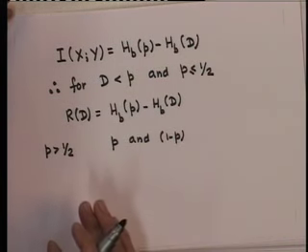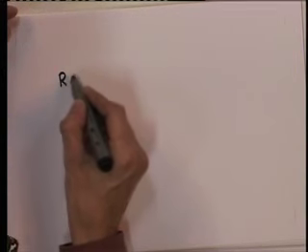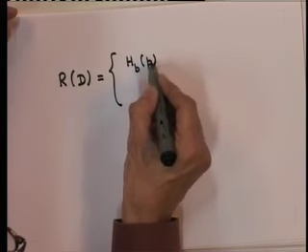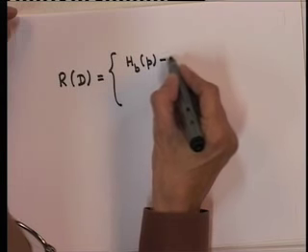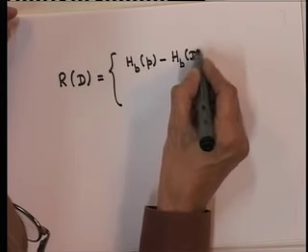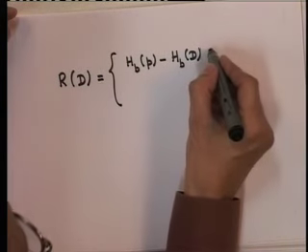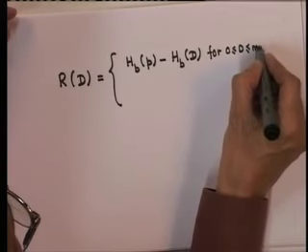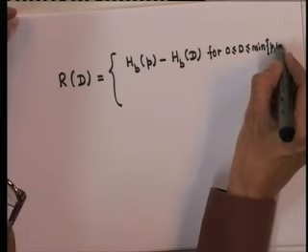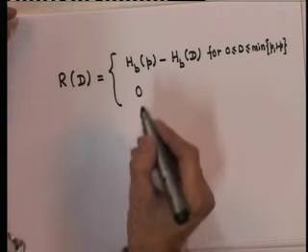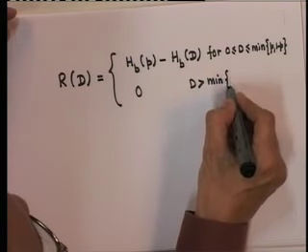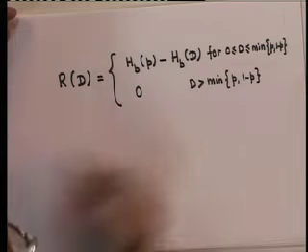So, putting all this together, the rate distortion function for a binary source is the binary entropy function of p minus the binary entropy function of a specified distortion level d, and it is equal to 0 for d greater than the minimum of p and 1 minus p.